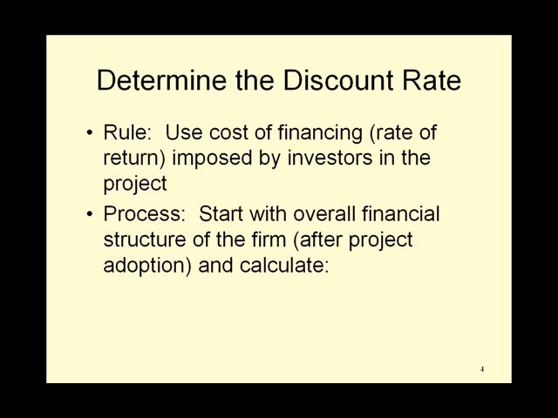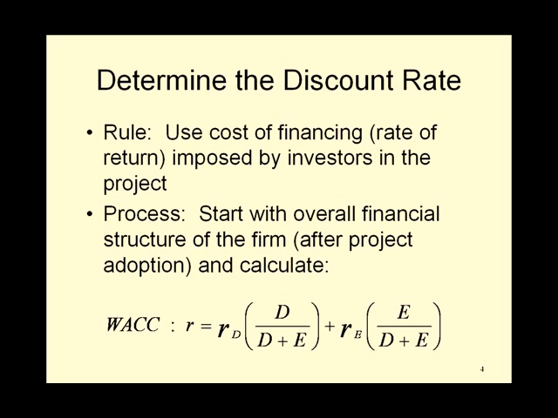The process in coming up with the discount rate is to start with the overall financial structure of the firm and calculate the weighted average cost of capital, which will be our discount rate, or at least the starting point for our discount rate. Now, the weighted average cost of capital is equal to the weighted average of the cost of debt and the cost of equity.